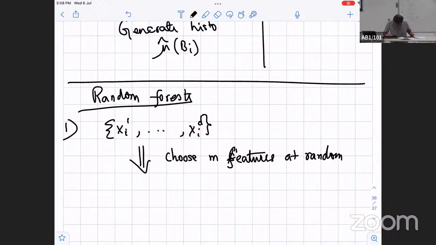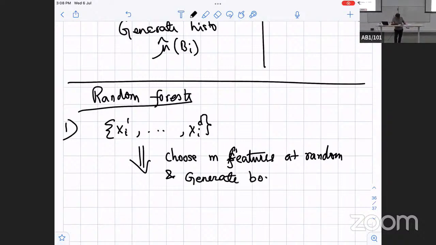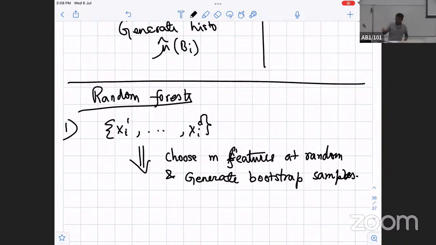And after that, generate bootstrap samples. So the procedure is, you have D features, you choose M of them. M is typically chosen to be square root of D. So you look at a small subset of features. Then from your original training data, you have got some reduction.